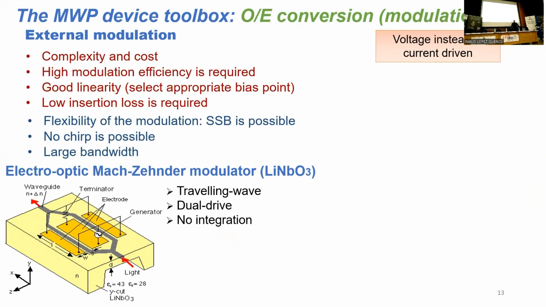Lithium niobate modulators are the most employed alternative, because they provide different advantages, in particular high modulation bandwidth, and also it's quite flexible, because this is a very simple standard modulator, but you can use what we call dual parallel modulators, whereby you can generate in-phase and quadrature signals for complex modulation formats.